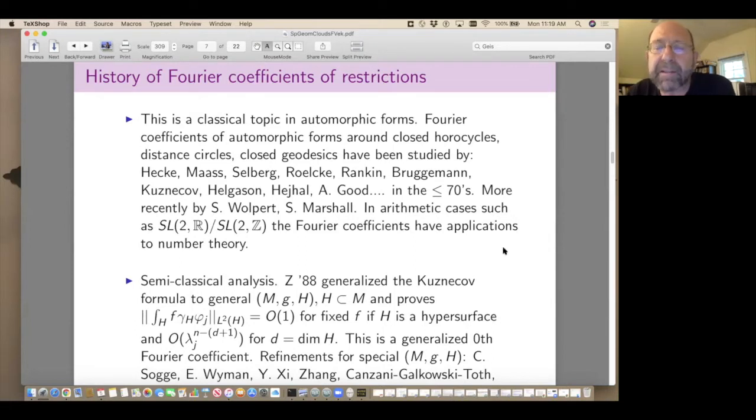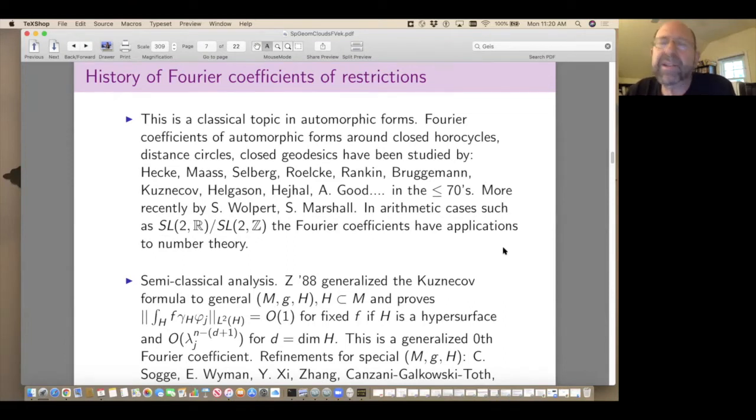But shortly after Bruggeman and Kuznecov, Helgason, as I mentioned, studied the Fourier coefficients at infinity, so to speak, with respect to the ideal boundary. Then Hejhal and Good did a more analytical study of Bruggeman and Kuznecov. This was all taking place in the 70s.